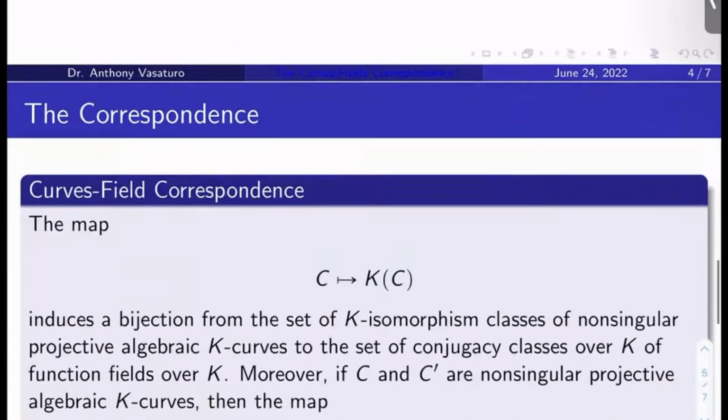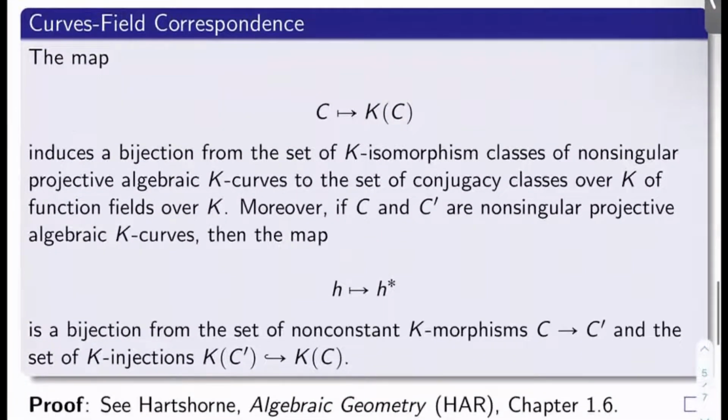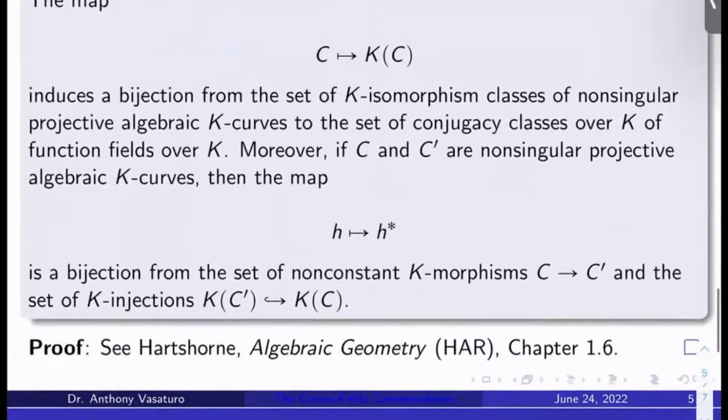Okay, so here's the correspondence. I'll call this the curves fields correspondence. What it says is the map that sends C to its function field defined over K induces a bijection from the set of K isomorphism classes of non-singular projective algebraic K curves to the set of K isomorphism classes of function fields over K. Okay, so this is something that's unique to dimension one, right?